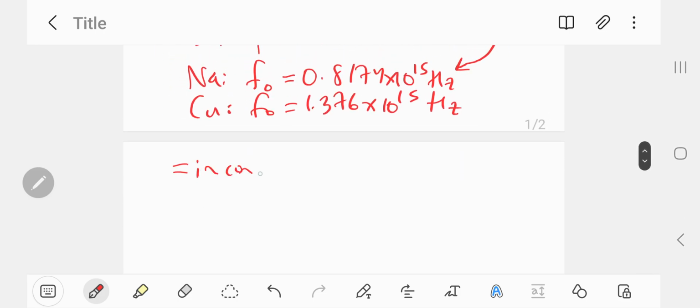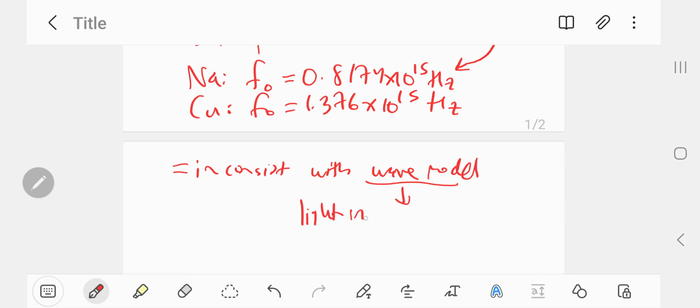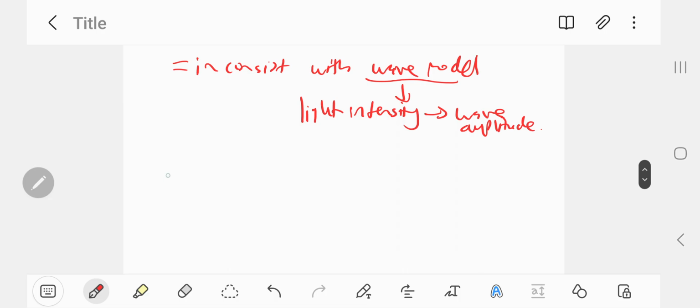So it is inconsistent with the wave model, because according to the classical wave model, light intensity is related to wave amplitude. The bigger the amplitude of the wave, the more energy, the more intense. But this is not true according to what we see in reality. So that's the first observation, the observation of a threshold frequency.